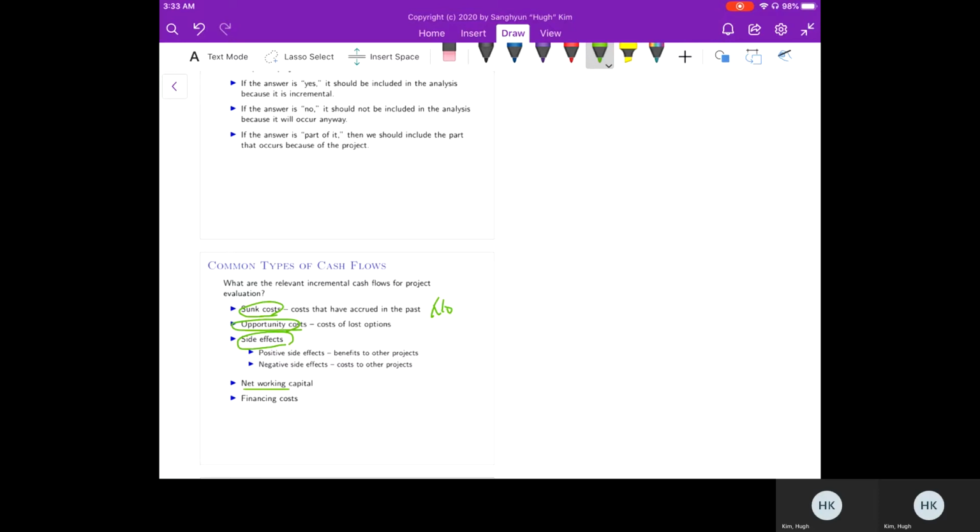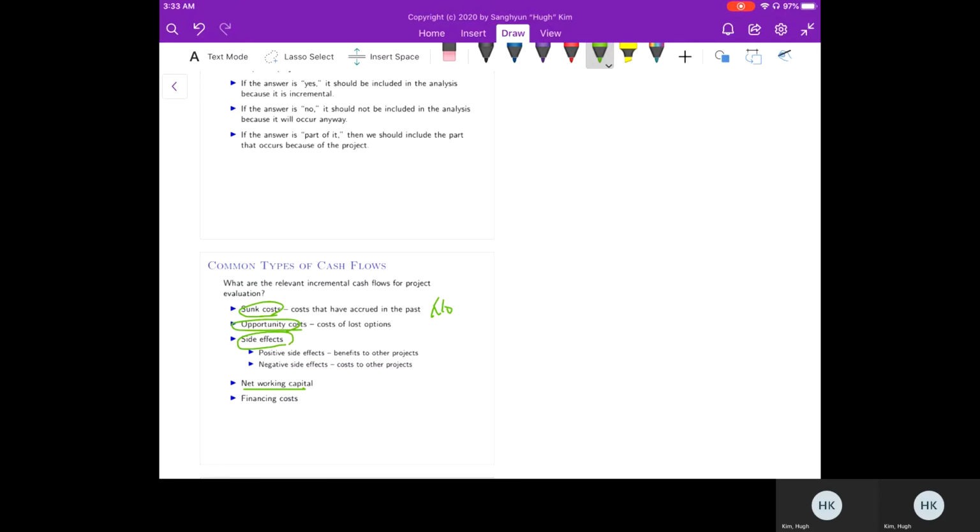How about net working capital? Net working capital is actually a relevant incremental cash flow, and it is very easy to forget. When we're making investment decisions, we have to invest not only in fixed assets, but also in current assets as well.